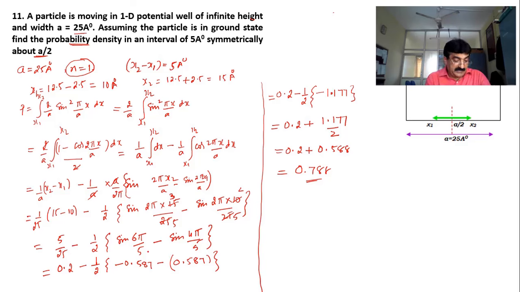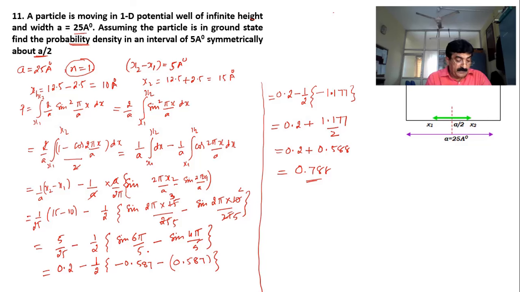I will check this. 6 into 3.14 divided by 5, for that sine is 0.586, correct. 4 into 3.14 divided by 5, for that sine, yeah, 0.588.